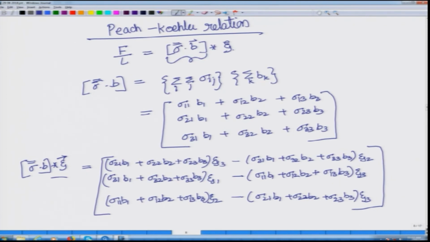For example, we had shown earlier that our line vector was 0 0 1, which means epsilon 1 and epsilon 2 would become 0, and therefore these terms will also turn out to be 0.